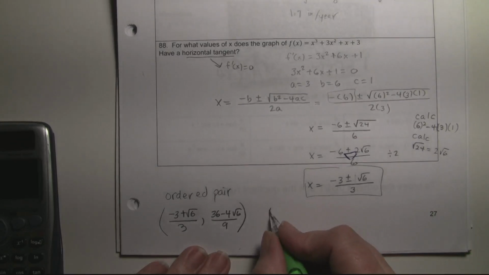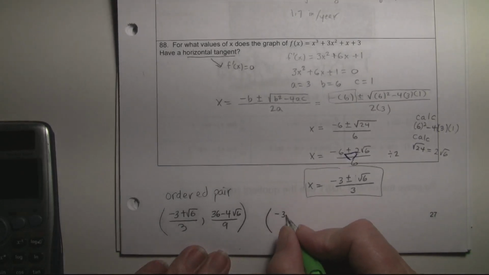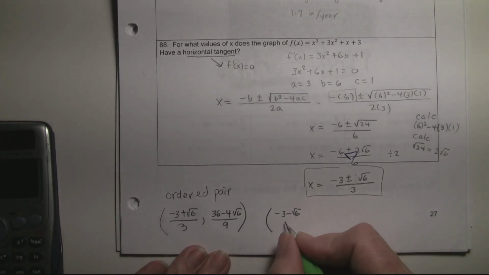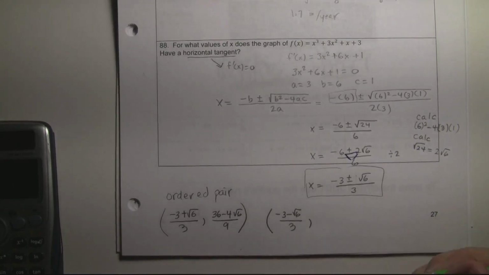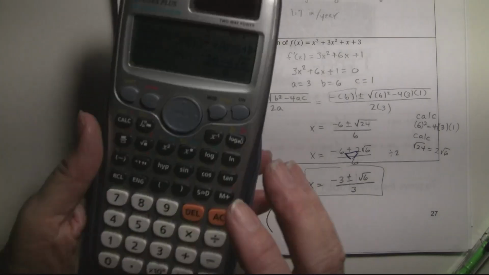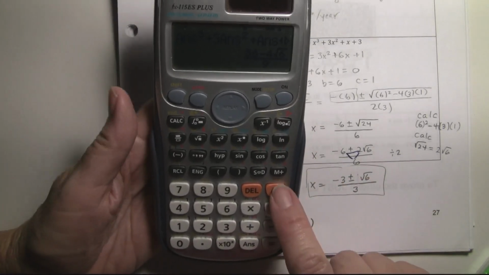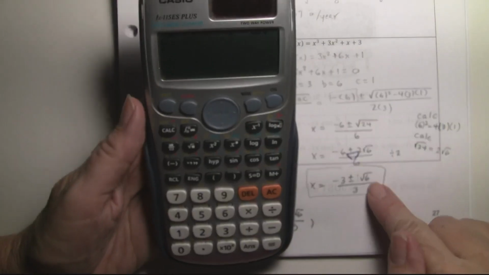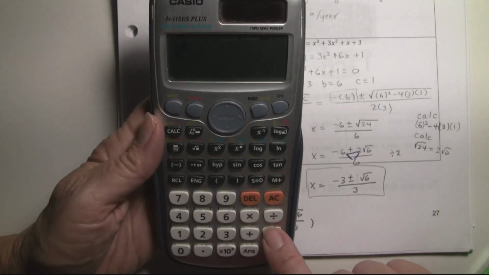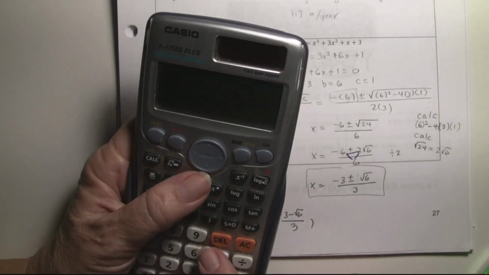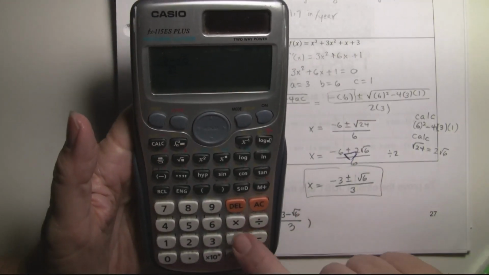The other ordered pair was -3 minus the square root of 6 over 3, comma, and then I can go and find it doing the same story. So I'm going to clear that out. I'm going to put the minus in here. So the fraction minus 3 minus the square root of 6. Downstairs is 3.